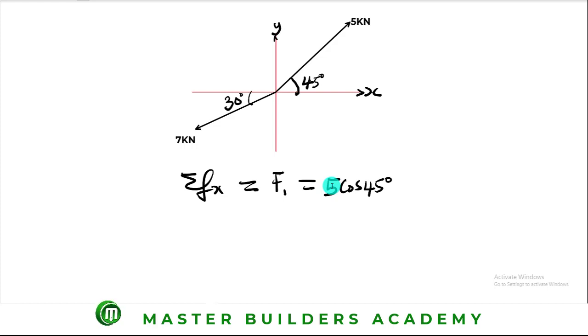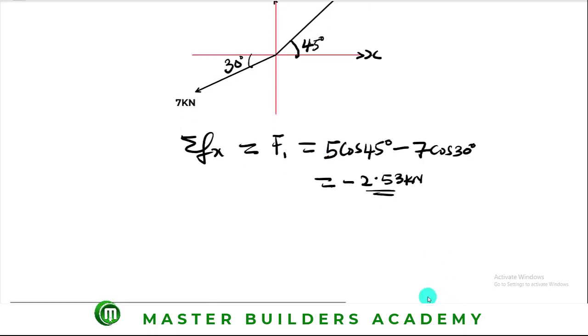Now, when you have your force in the third quadrant and then resolve along the x-axis, you have a negative sign, then minus 7 cos 30 degrees. I hope you are following me. And then when you input this in your calculator, you will have minus 2.53 kilonewton. We have resolved this force to the x-axis.